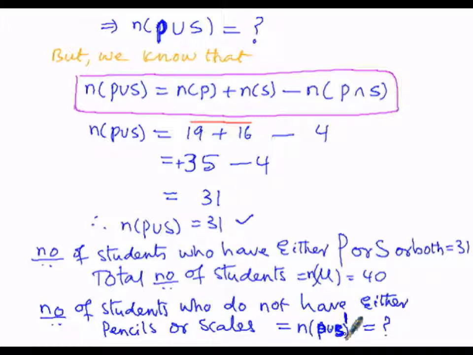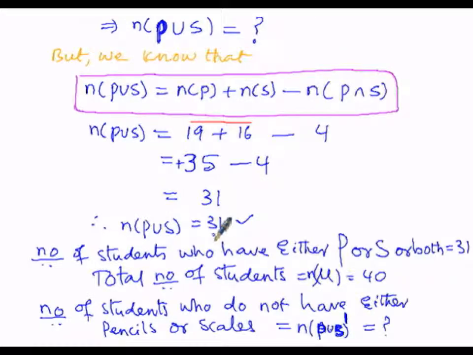Now n of P union S is 31 and n of mu is 40, the total strength of the class.